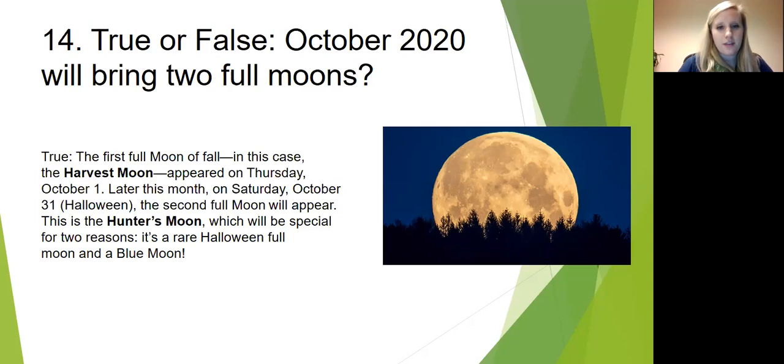Later this month, on Halloween, which falls on a Saturday, the second full moon will appear. This is the hunter's moon. It's a special moon for 2 reasons. It's a rare Halloween full moon, and it is a blue moon.